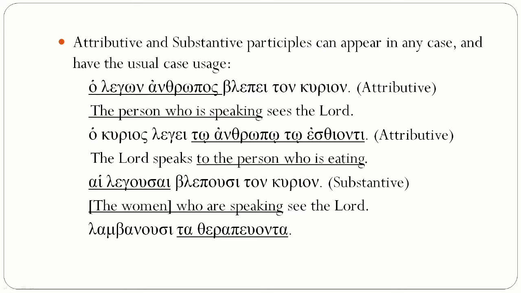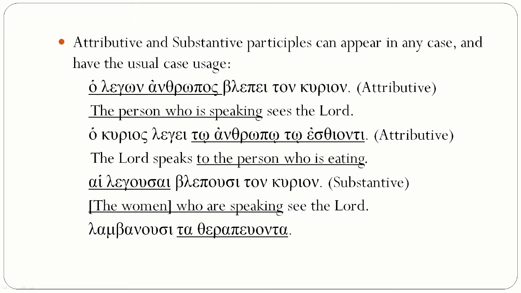Okay. And then the last sentence there, lambanusi ta therapiuanta. Lambanusi, third person plural, they take or they receive. And then what is ta therapiuanta? First of all, let's figure out whether it is attributive or substantive.